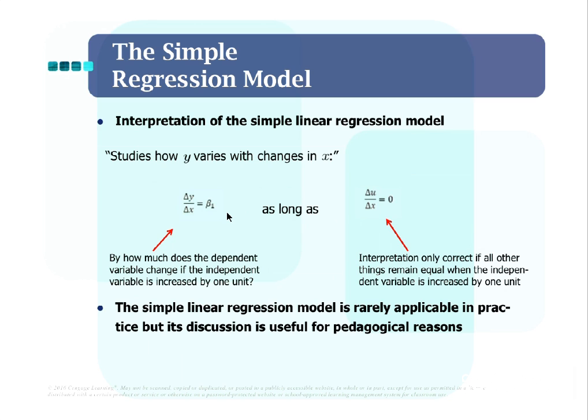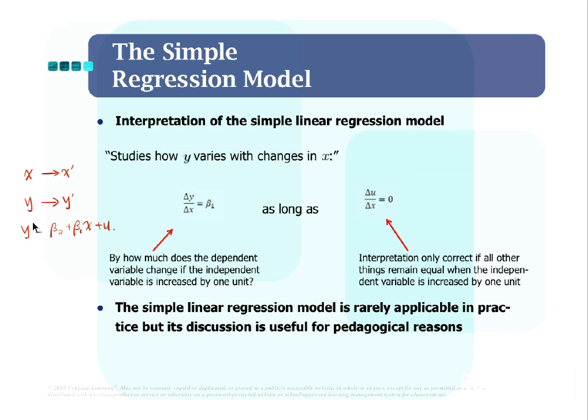So suppose we have the case that x is changed to x prime, and because of this change, y changed to y prime. Before the change occurs, we have y equal to beta 0 plus beta 1 x plus u.